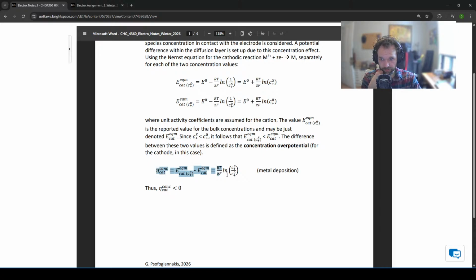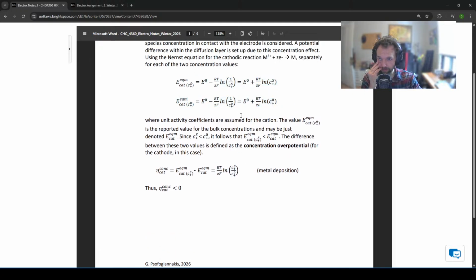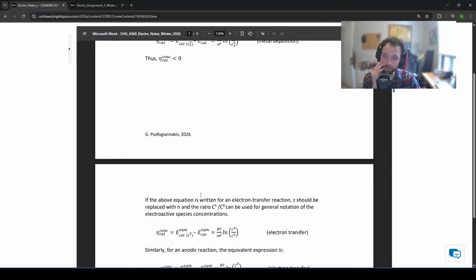So the overpotential of the cathode due to the concentration is going to be the equilibrium potential of the cathode at the surface minus the equilibrium potential at the bulk, which just reduces to this if we take the Nernst equation and subtract these two.